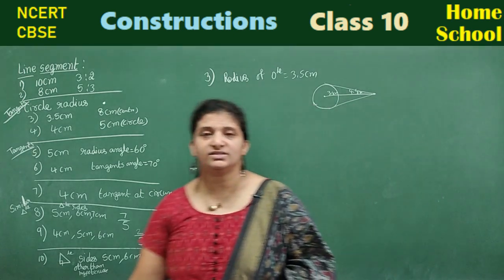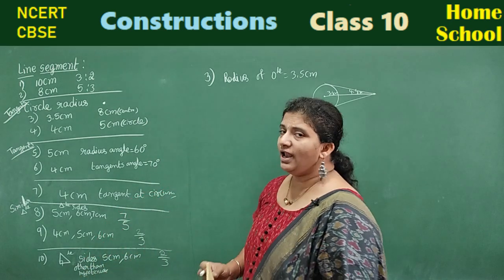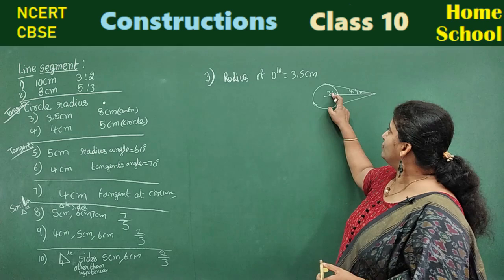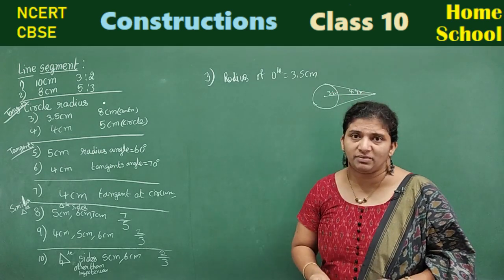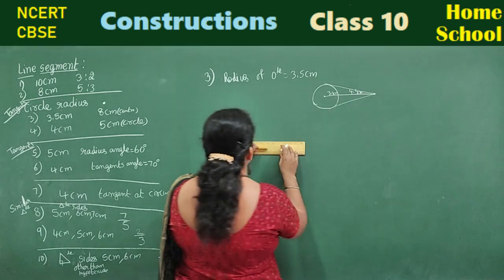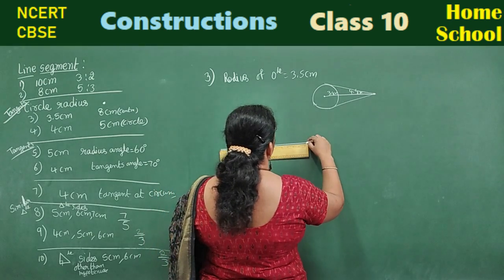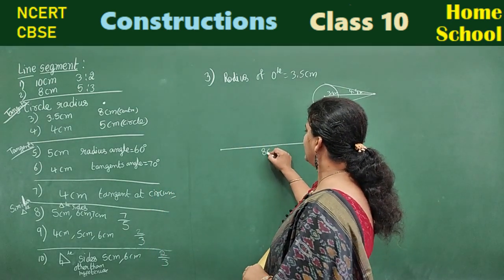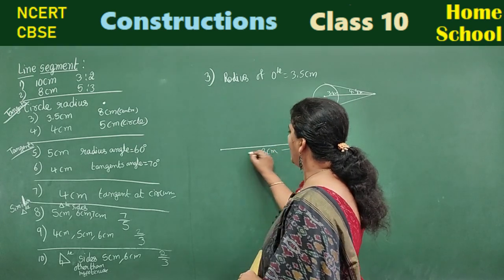How do we do the construction first? Draw a line segment. What is the line segment length? Look here, 3.5 plus 4.5 will be 8 centimeters. Let me draw a line segment. This is an 8 centimeters line segment.